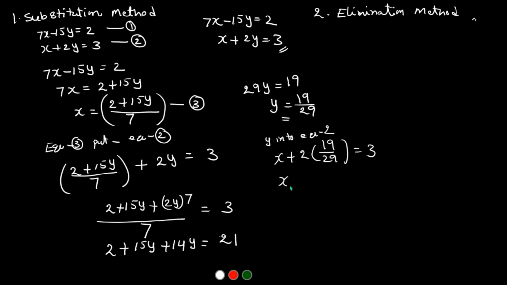So x is equal to 3 minus 19 into 2, 38, divided by 29. That is equal to (29 into 3 minus 38) divided by 29.